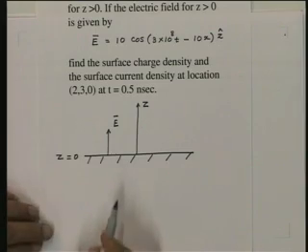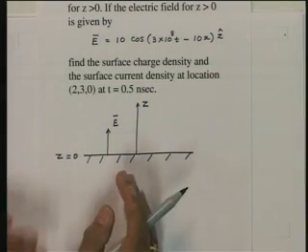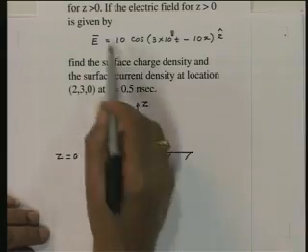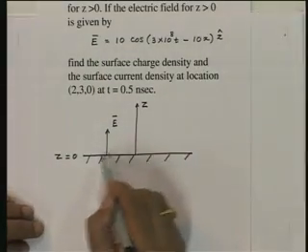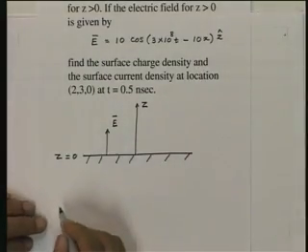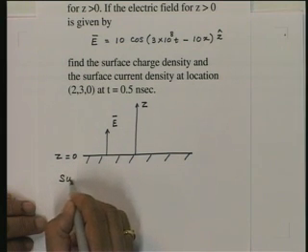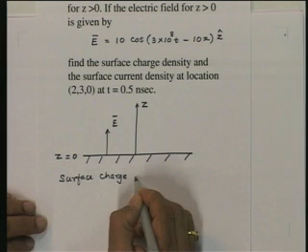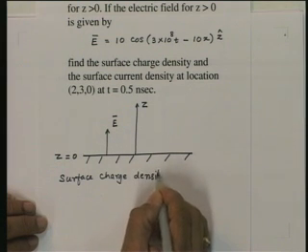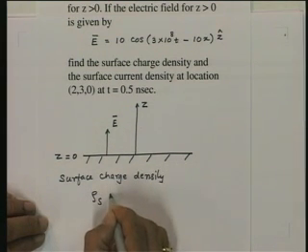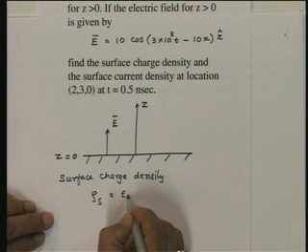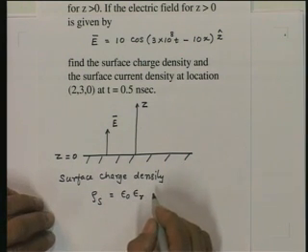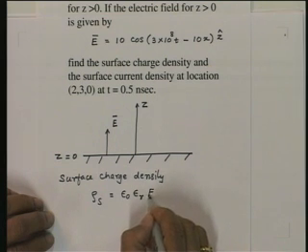Now, the surface charge density essentially is related to the normal component of the electric field. Now, in this case the electric field which is given here is already normal to this conducting surface. So, the surface charge density in this case, rho s, will be equal to epsilon 0 epsilon r into the normal component of the electric field E n.